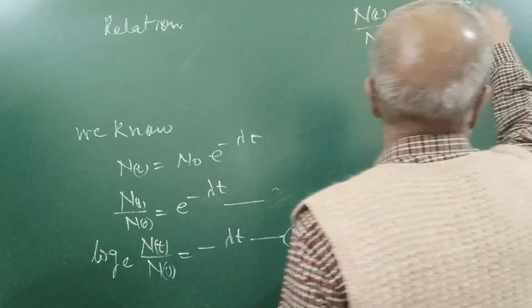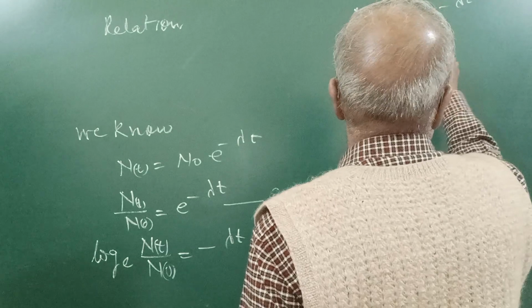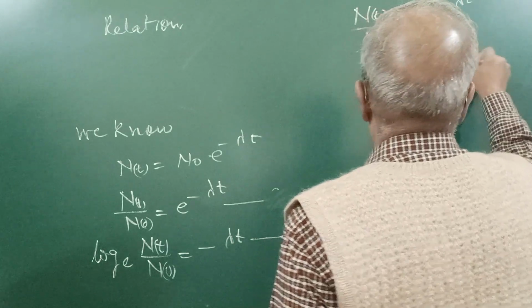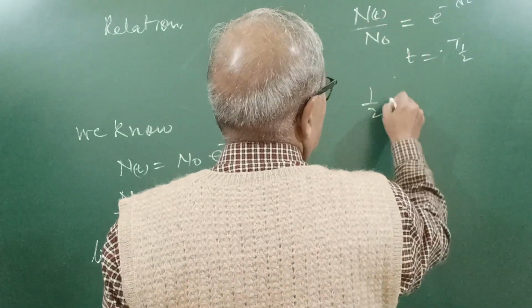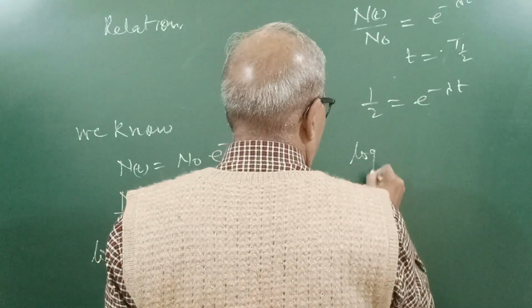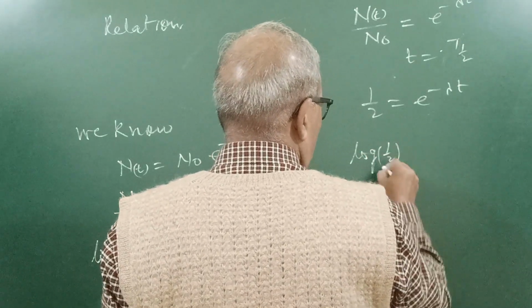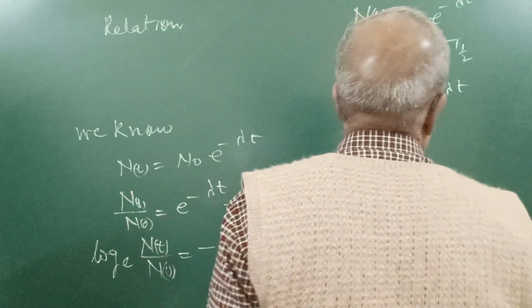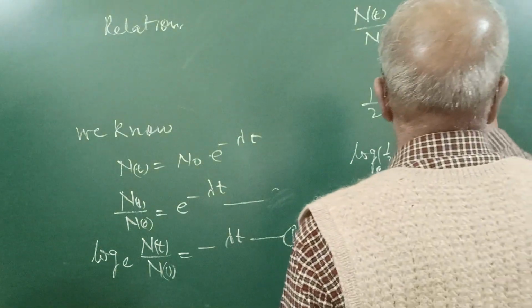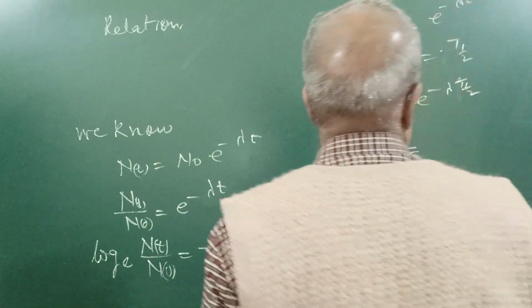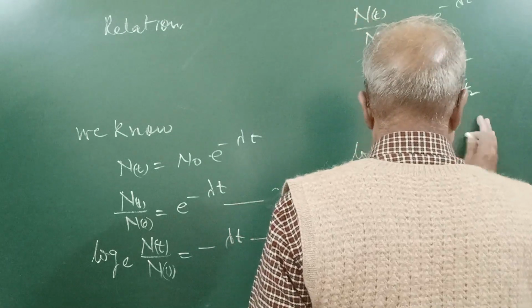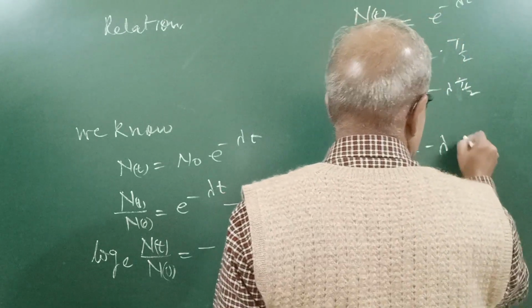If t equals t half, then it is 1 by 2, or log of 1 by 2 on base e is equal to e to the power minus lambda t half.